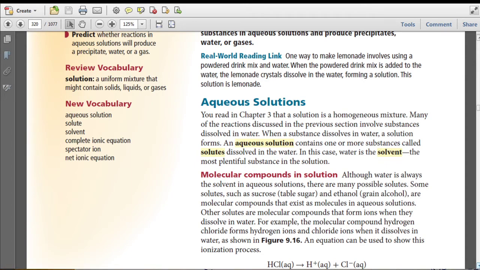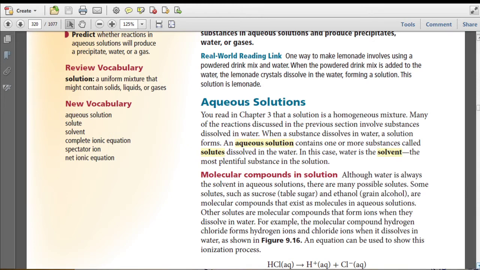Although water is always the solvent in aqueous solutions, there are many possible solutes. Some solutes, such as sucrose or table sugar, and ethanol or grain alcohol, are molecular compounds that exist as molecules in aqueous solutions. Other solutes are molecular compounds that form ions when they dissolve in water.